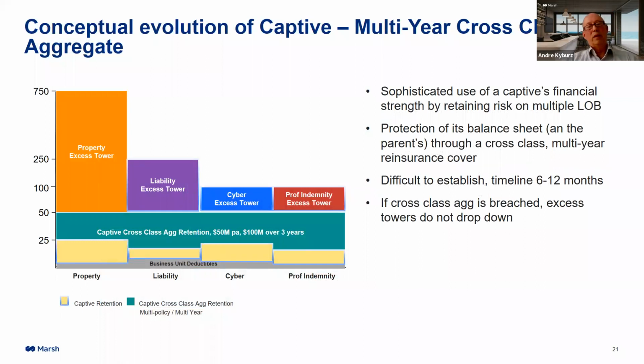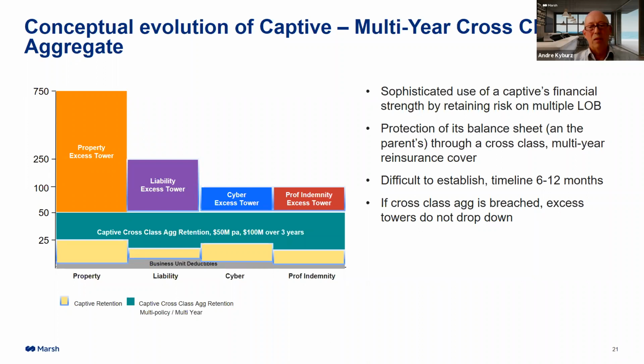Here's another one where I think this is probably an example of a very sophisticated approach, where the captive retains multiple risks in the parent entity's programs and then protects its balance sheet, and hence, because it's a wholly owned subsidiary of the parent entity, it also protects the balance sheet of its parent entity with a multi-year cross-class reinsurance deal to limit the overall exposure.